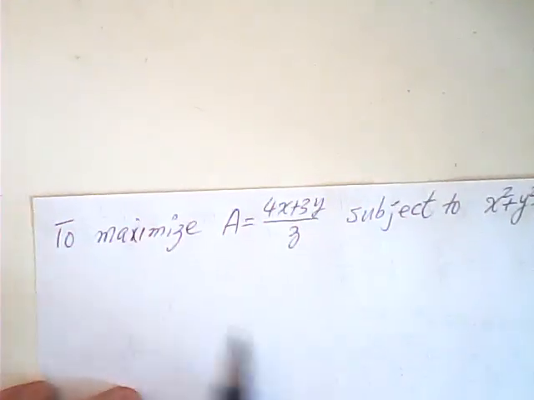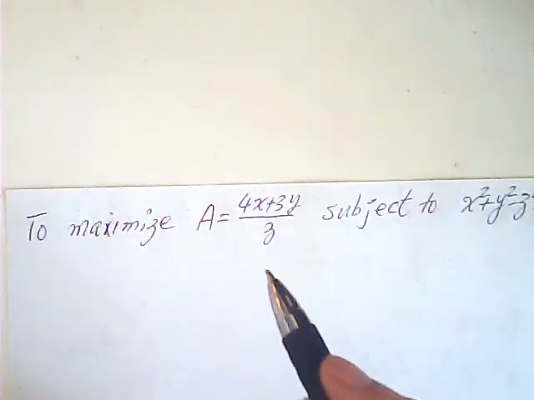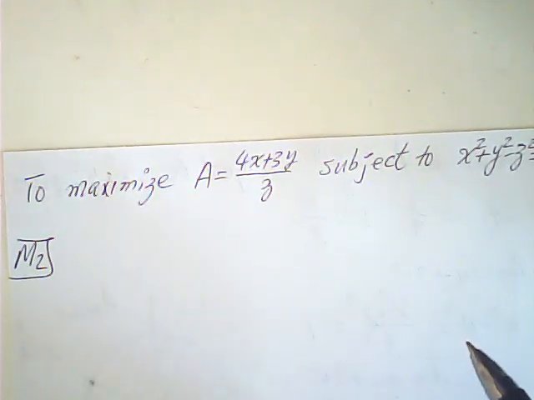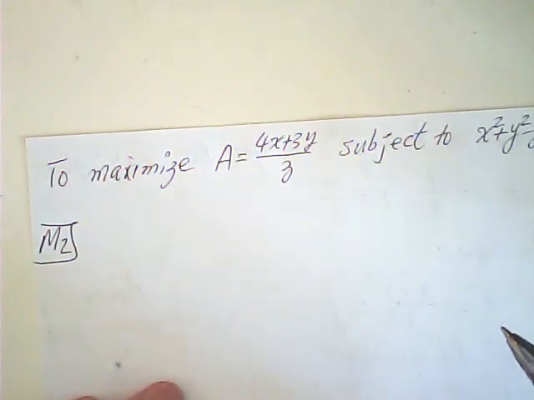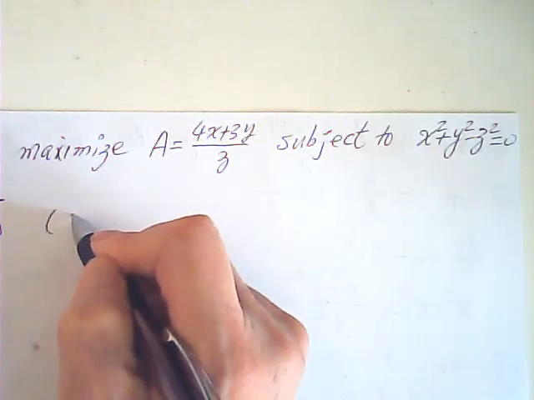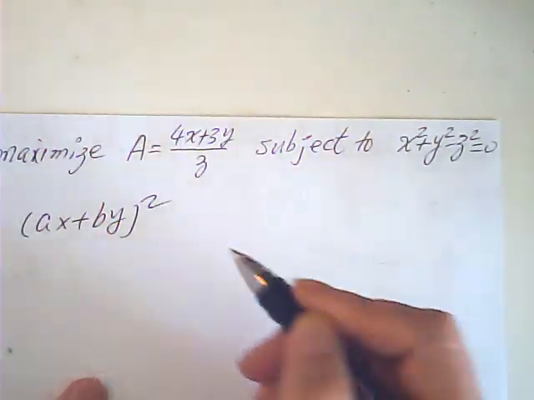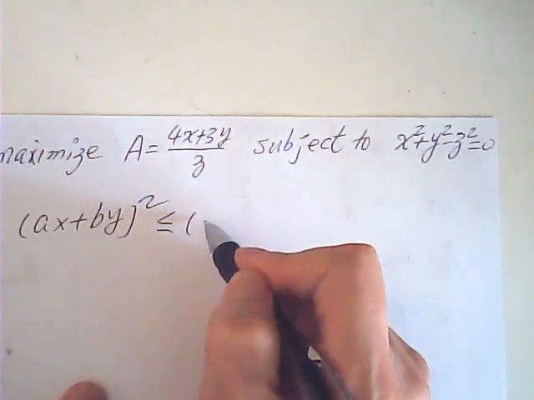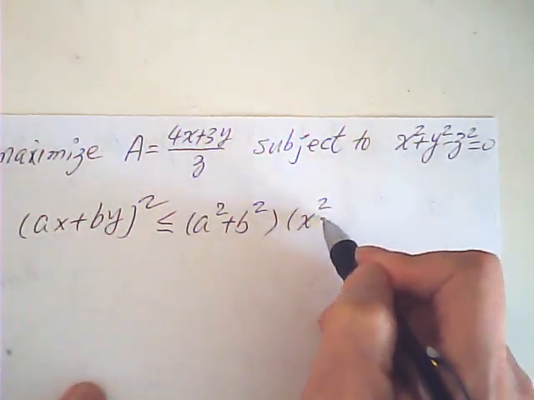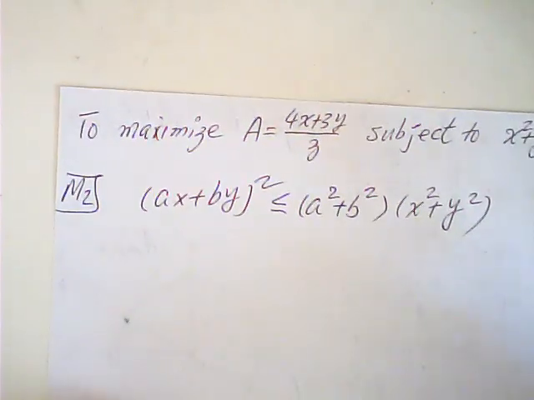Method 2. Okay, this is the question. Method 2, we are using the Cauchy inequality. The Cauchy inequality is this: (ax plus by) squared is less than or equal to (a squared plus b squared) multiplied by (x squared plus y squared).